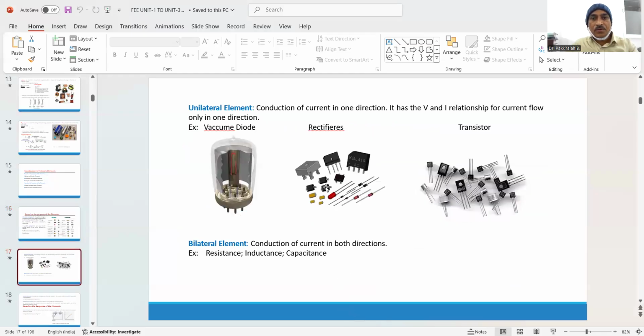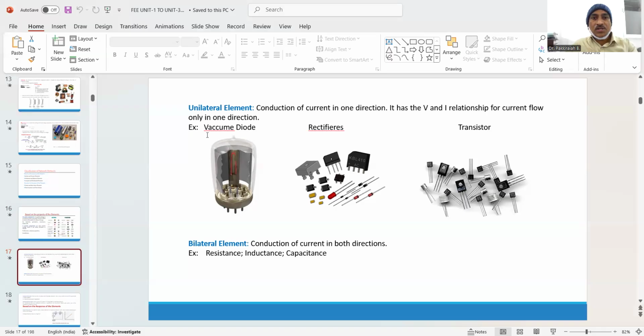And now we go for unilateral element and bilateral element. Unilateral element: if the conduction of electric current is in a single direction, then those elements we call unilateral elements.